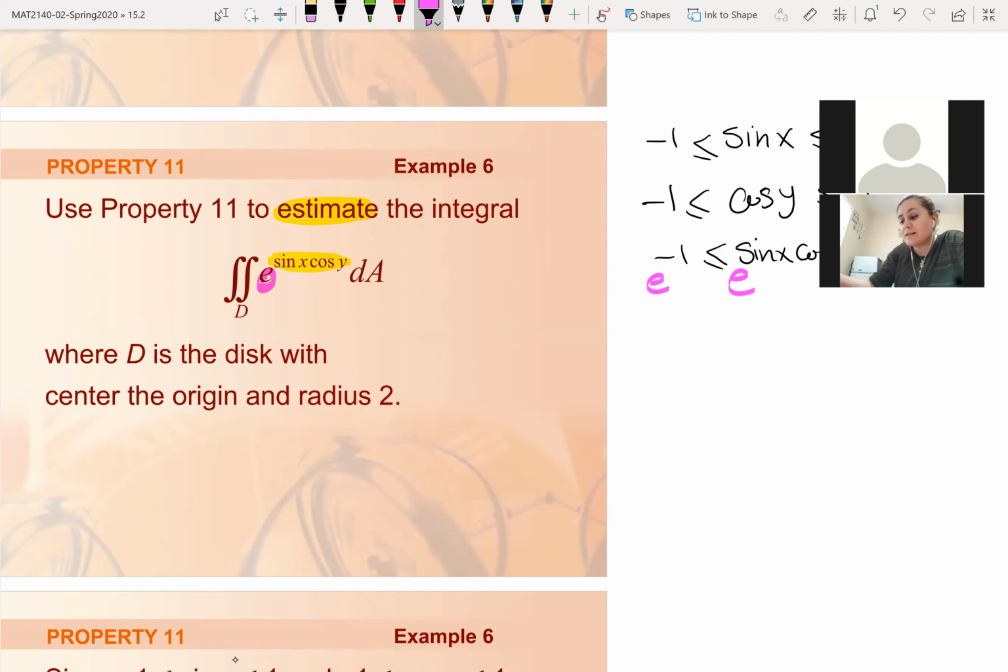So basically you can apply e to all sides of an inequality, or natural log all sides of your inequality, just as you can integrate all sides. So this gives you e to the -1, which is a constant, e to the sine x cosine y, and then e. Is that fine by now?